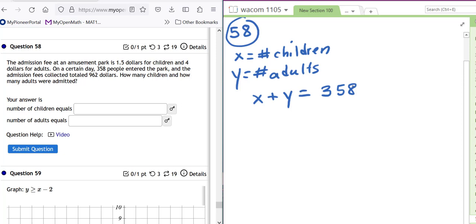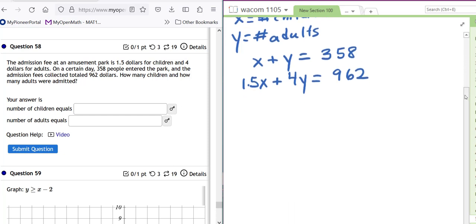Then we'll use total money. So the price for each one times the variable, which is the number of them we have. So the children was $1.50 times X plus the adults were $4 times the number of adults we have, and this should equal our total money, $9.62. And there you have a system of equations.